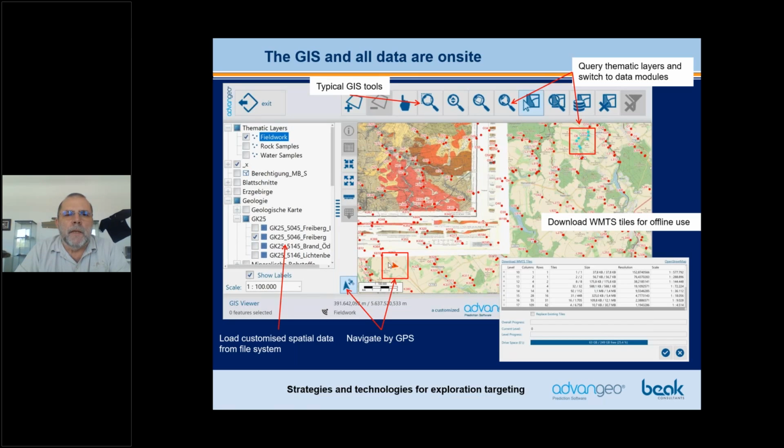So we can upload any kind of pre-existing information like topographic maps or remote sensing data, and the tablet shows you where you are, and then you can open the spreadsheet and type in your observations.